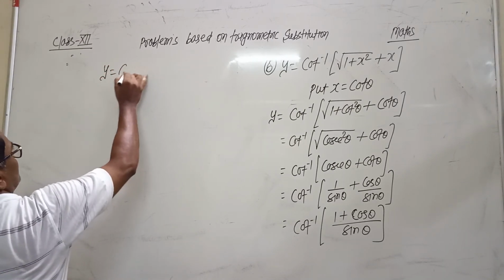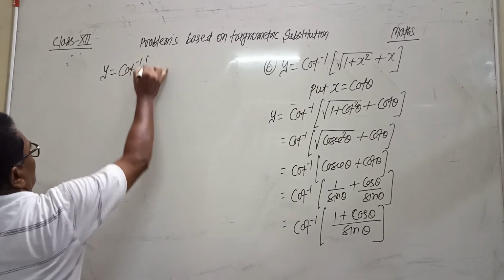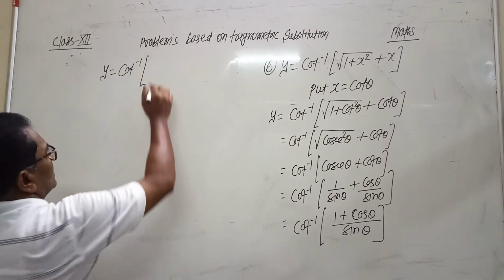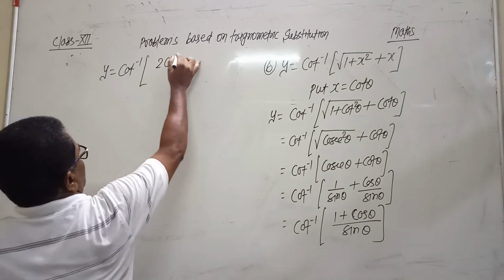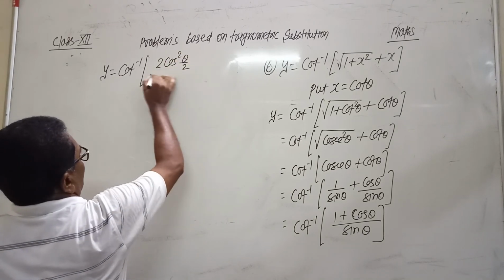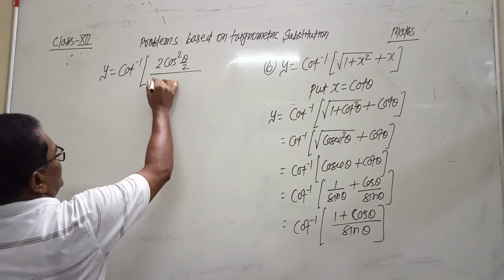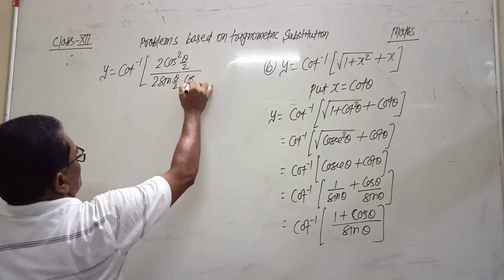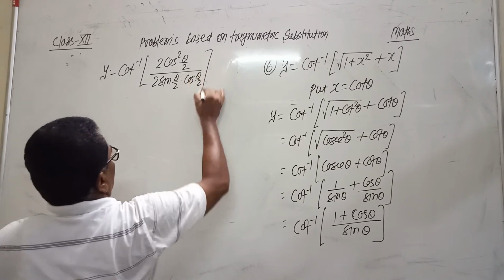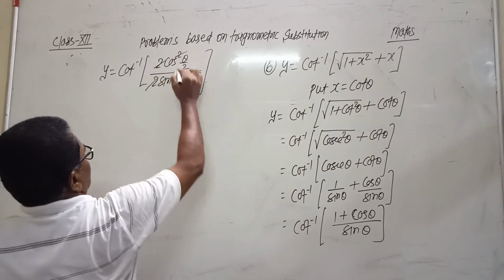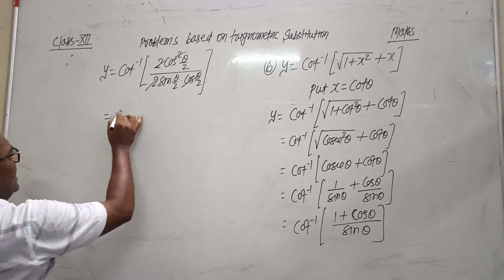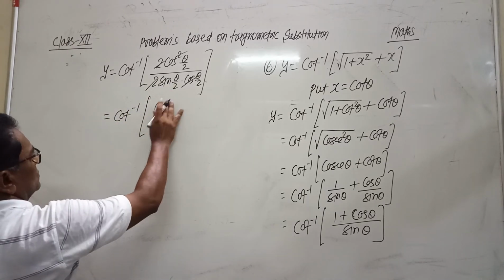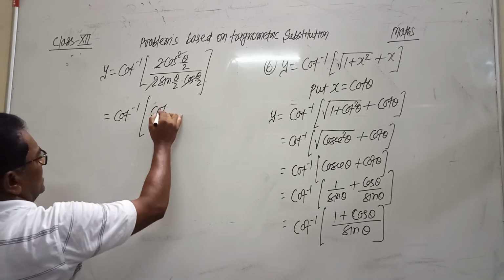So y equals cot inverse. The formula for 1 plus cos theta is 2 cos square theta by 2, and for sin theta it is 2 sin theta by 2 into cos theta by 2. 2 cancelled, one cos theta by 2 cancelled, and it comes cot inverse of cos theta by 2 upon sin theta by 2.